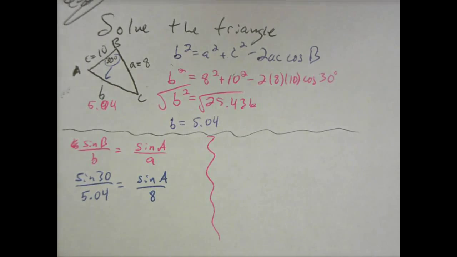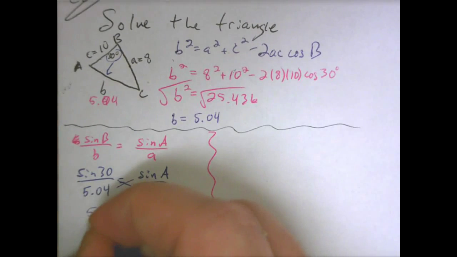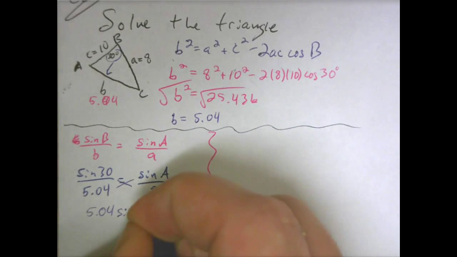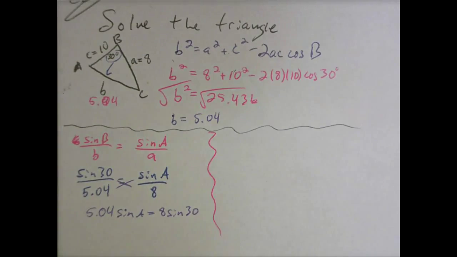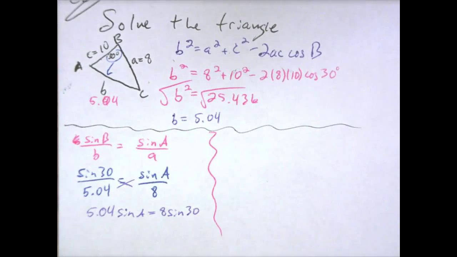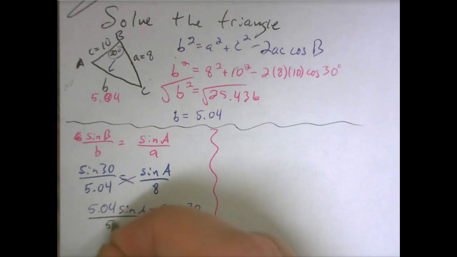Then we can cross multiply, so we have 5.04 sine A equals 8 sine 30, which is really just 4 if you know that. You can divide by 5.04.